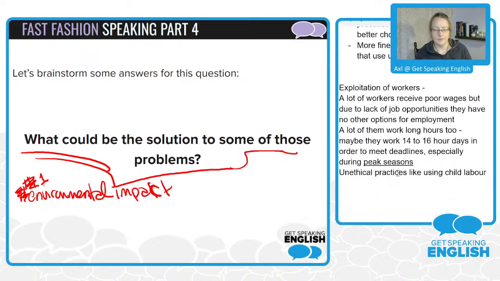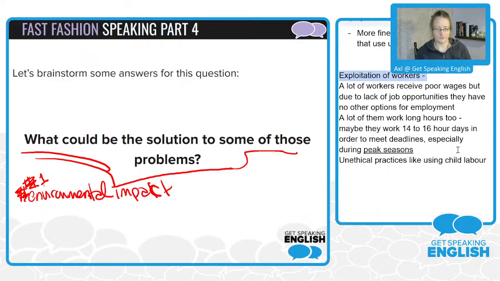Exactly. And how about maybe the exploitation of workers, right? So again, I suppose here we could think about creating some regulations as well, right?